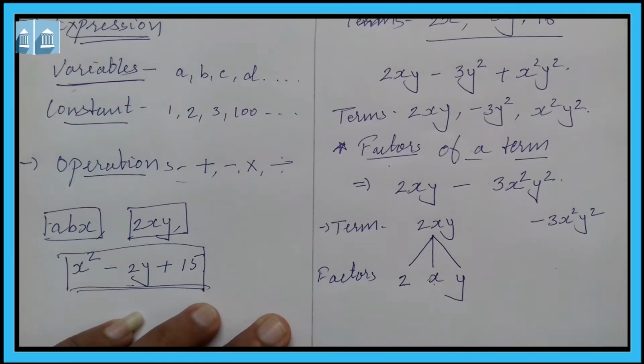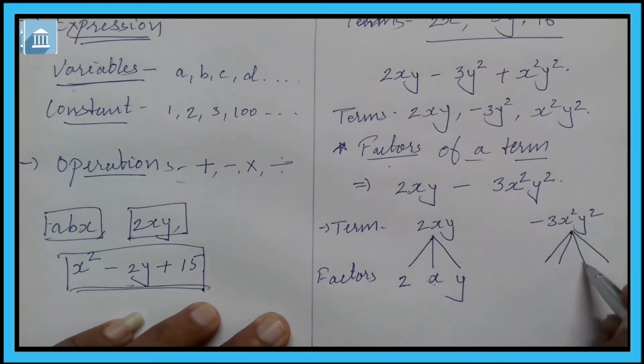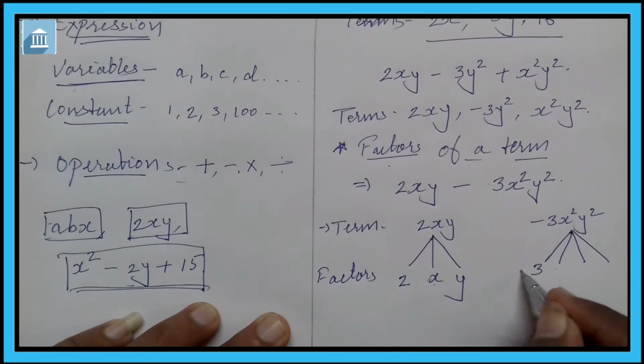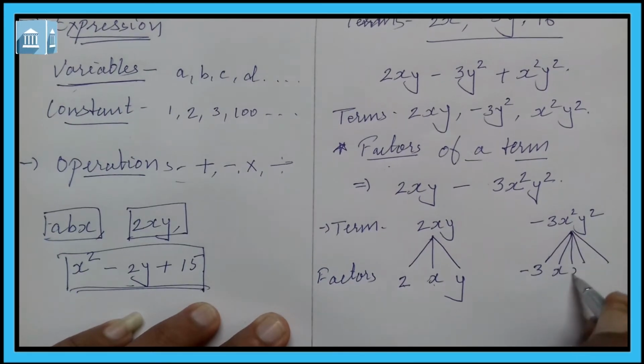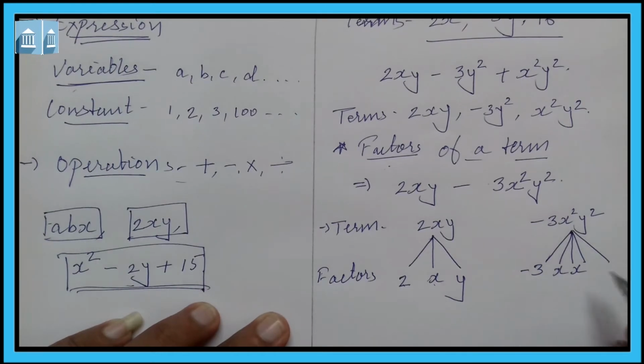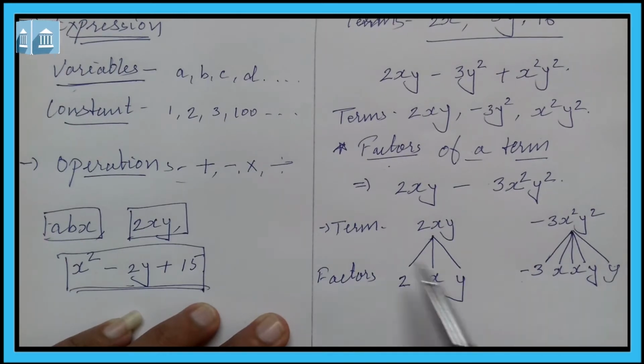For the second term, one factor is minus 3, another factor is x square, which means x into x, so x and again x, then y and again y. So these are the factors of these terms.